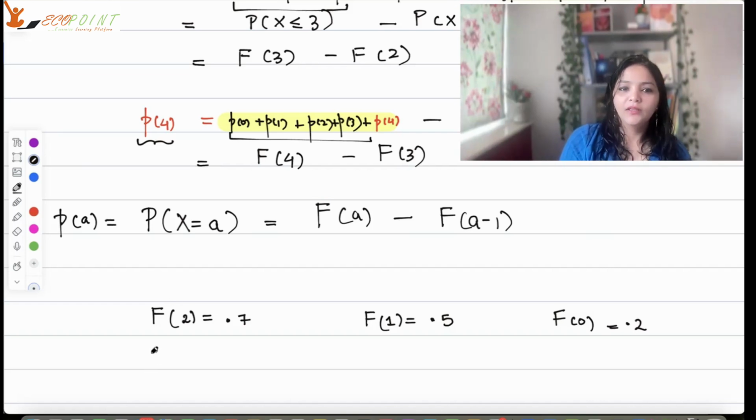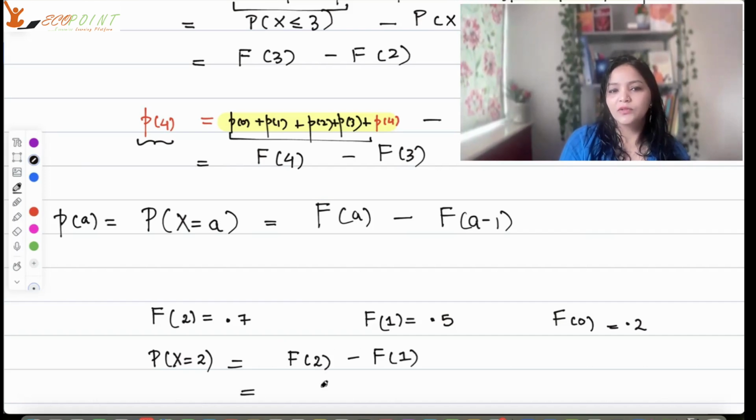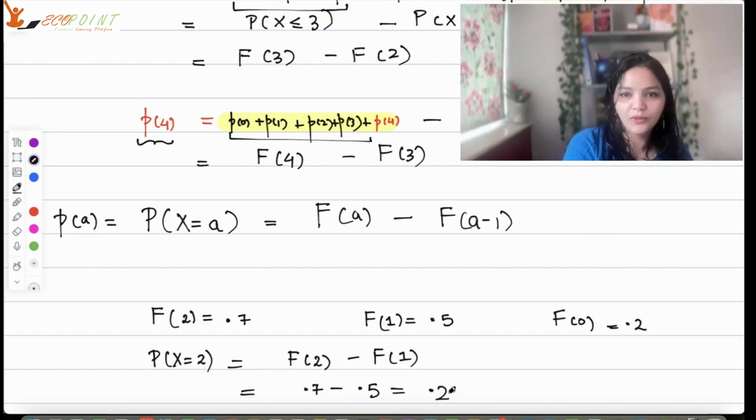If they ask you what is the probability x is equal to 2, you can quickly figure it out by taking capital F at 2 minus capital F at 1. So this will be 0.7 minus 0.5, which is equal to 0.2. That's how you can go from cumulative to point probability. I hope this will really help you. This is an important concept to remember. Thank you very much.